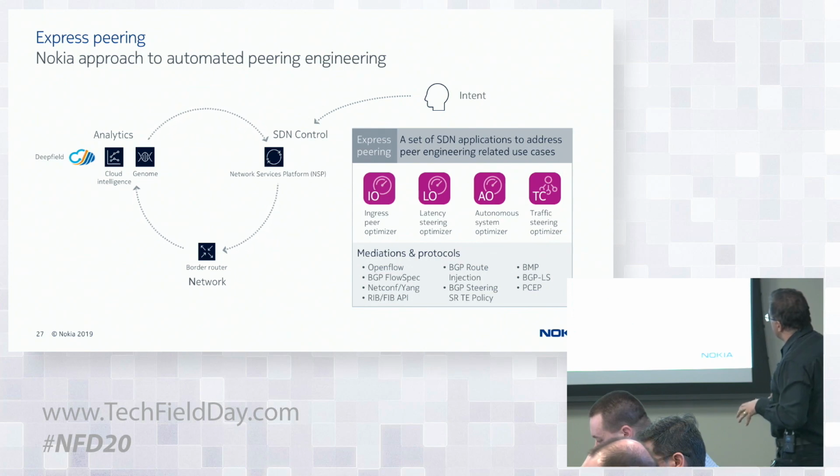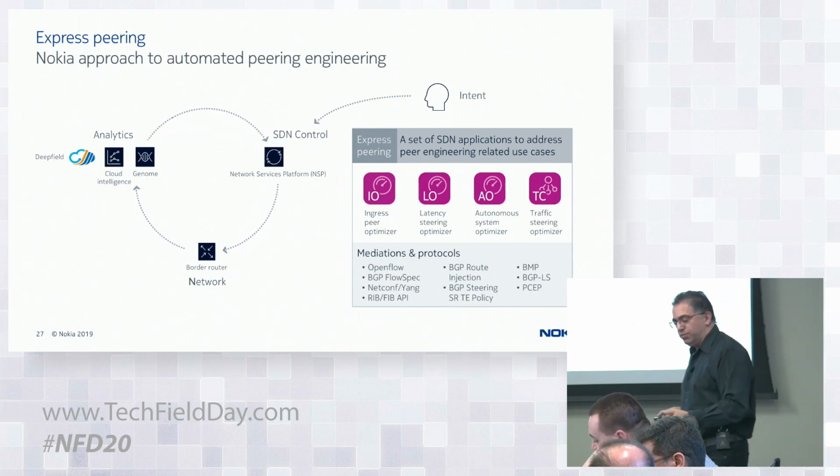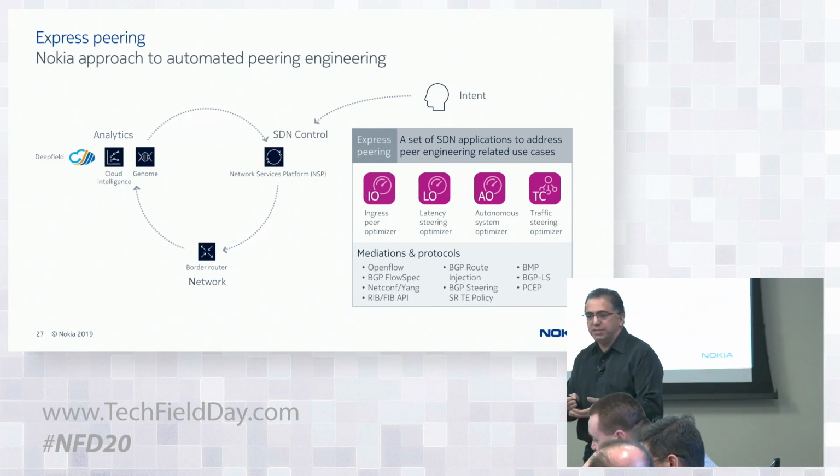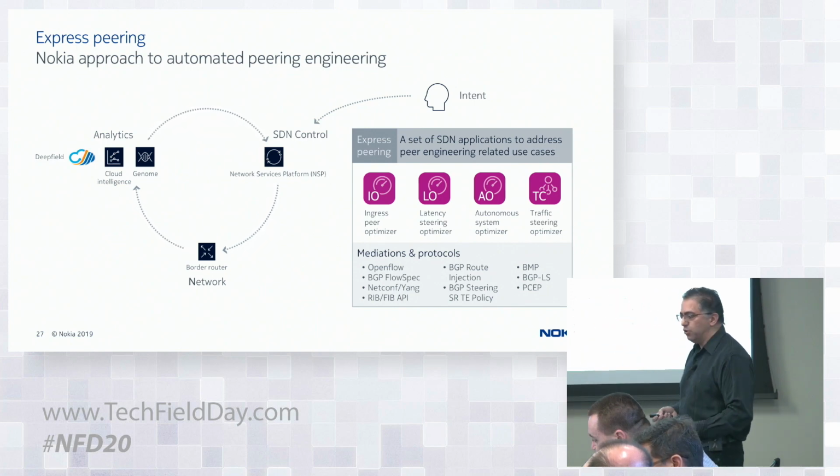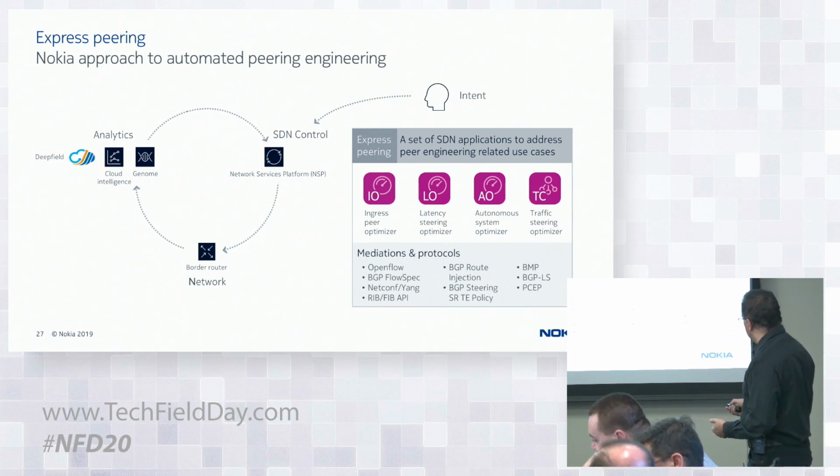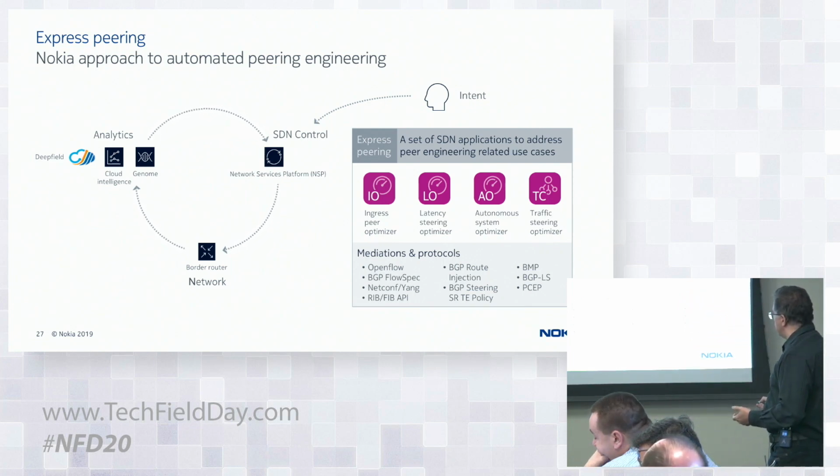In terms of protocols, you have a number of them, but typically what we need to implement for peering automation is a capability for traffic steering, for example flow steering, so you need protocols that allow you that. You can achieve that through BGP FlowSpec, OpenFlow, or NETCONF. You can instantiate filters and manipulate live traffic.